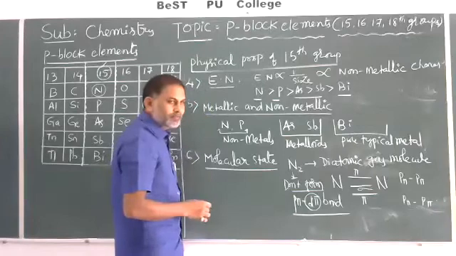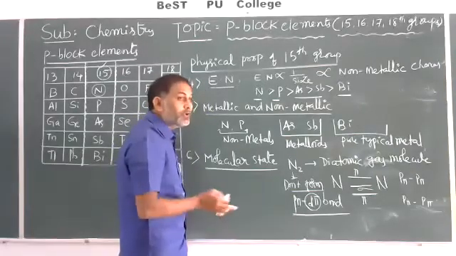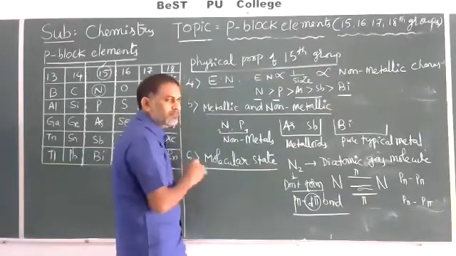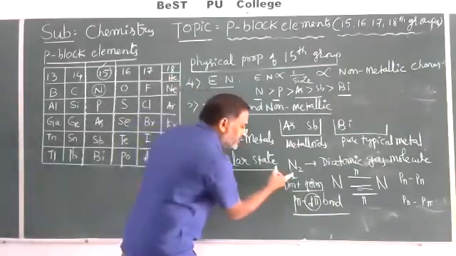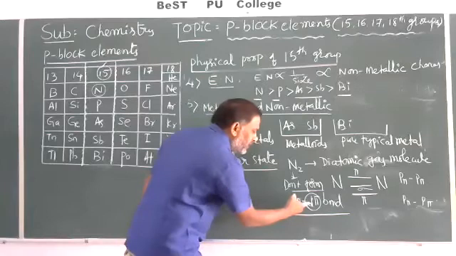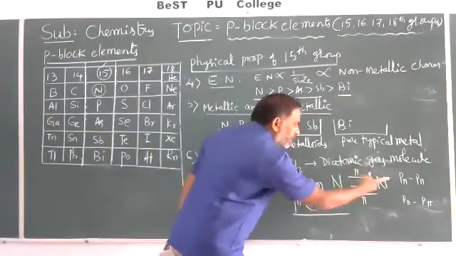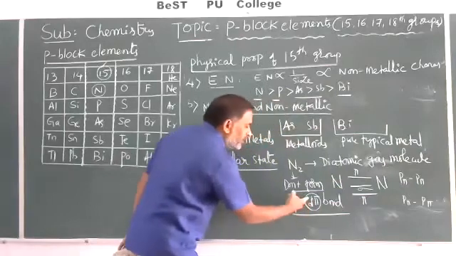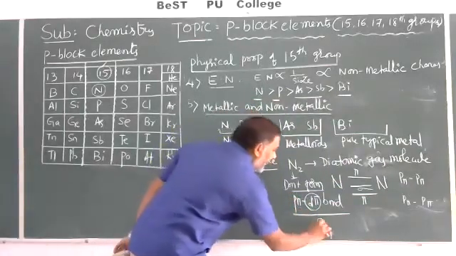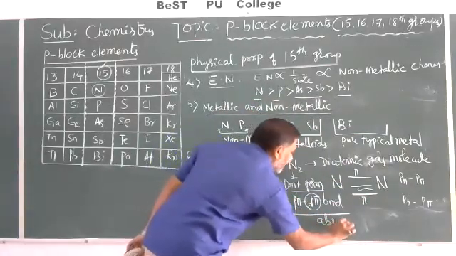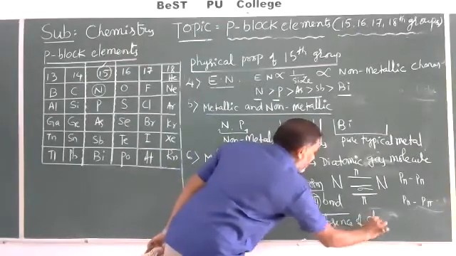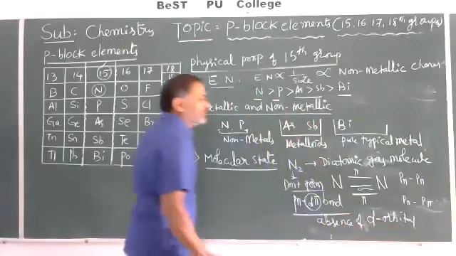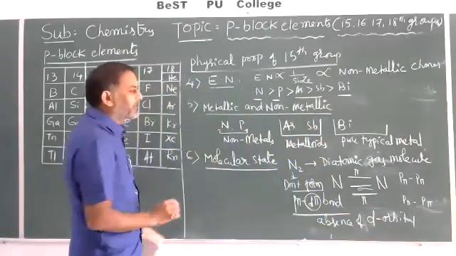What is the reason? Absence of d orbital in the outermost shell of nitrogen. It forms two pi bonds only with the p orbitals, not with the d orbital, because of the absence of d orbital.